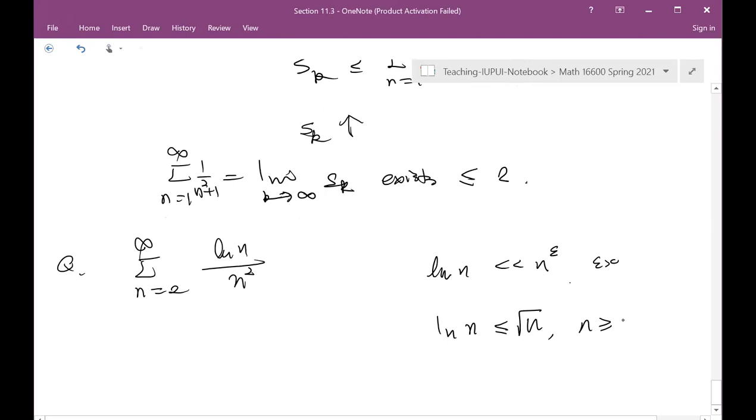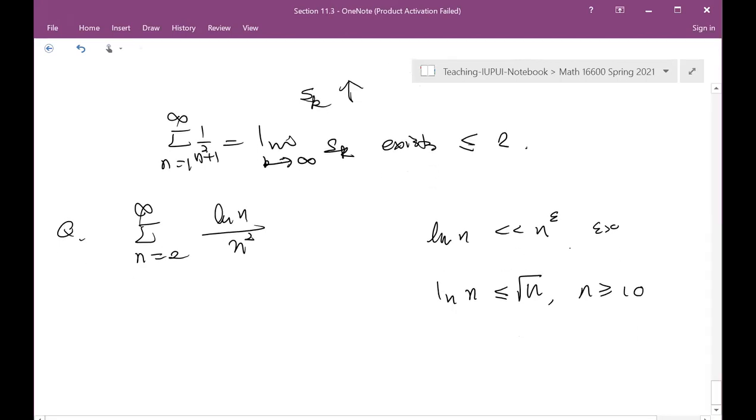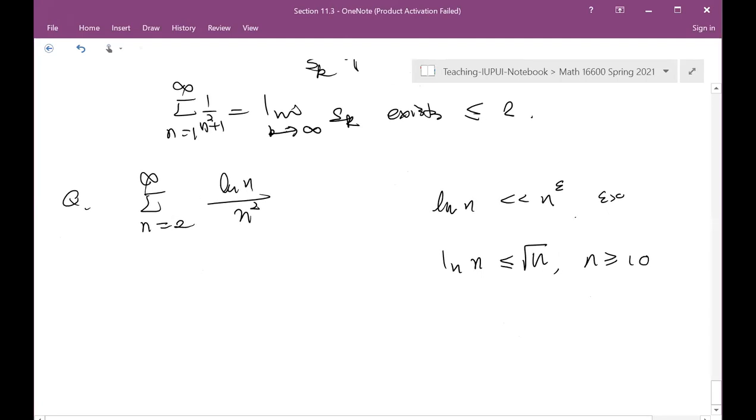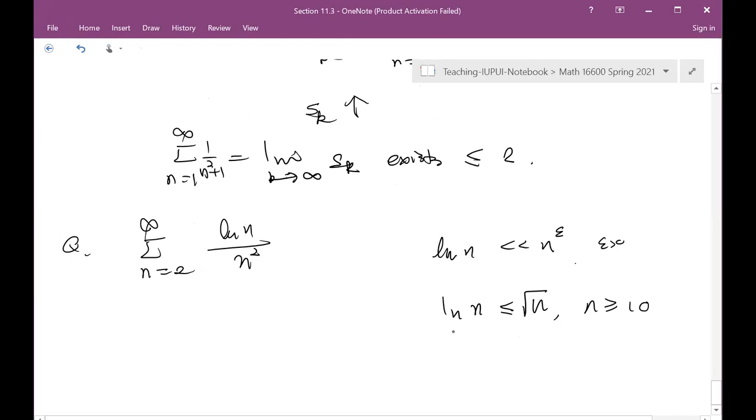We don't know exactly; you can pick any larger number, let's say 10, for example. That's enough. So you can use that to prove this series convergent, because the numerator can be replaced by the square root of n. But today I'm going to continue to use the integral test, because the comparison requires more mathematics to figure out for what n this inequality holds.